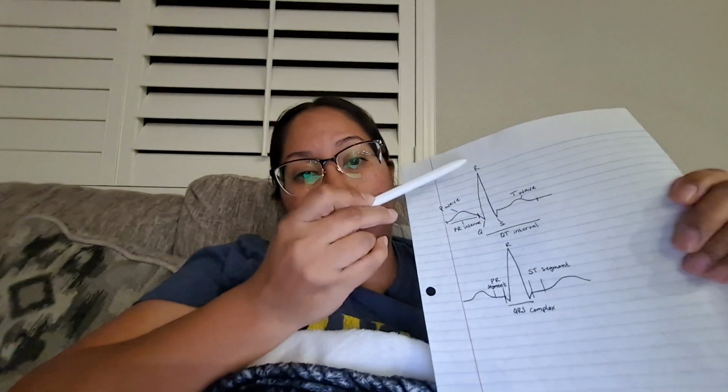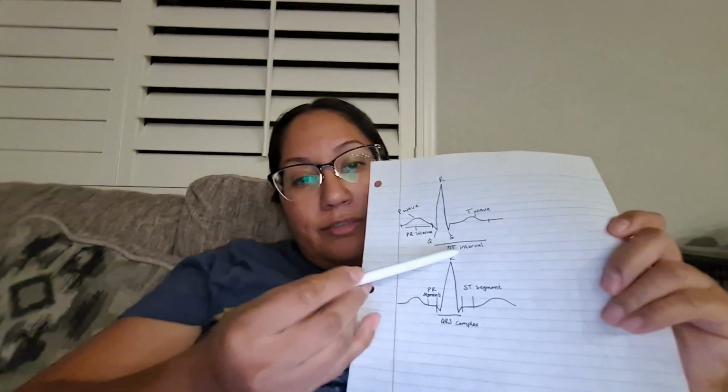The QRS complex is the depolarization of the ventricles. And then the T wave is the repolarization of the ventricles. Repolarization of the atria happens during the QRS complex.